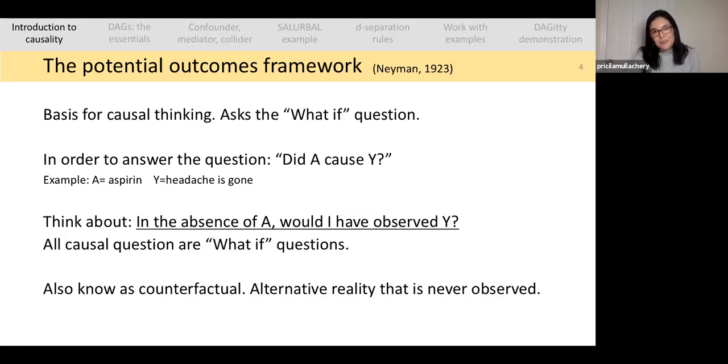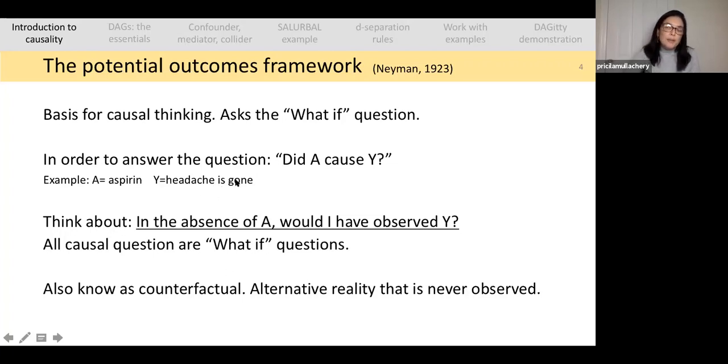Throughout this presentation, we're going to call the intervention letter A. Here, A is taking aspirin, the treatment of choice for this example. And we want to know whether taking aspirin makes the headache go away.